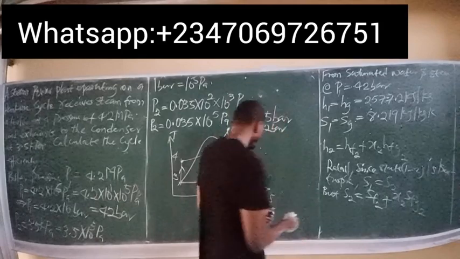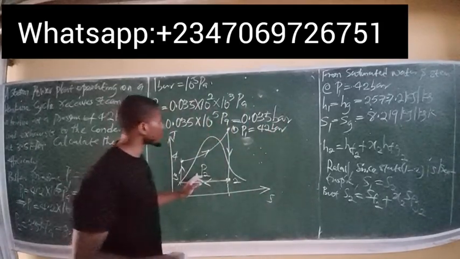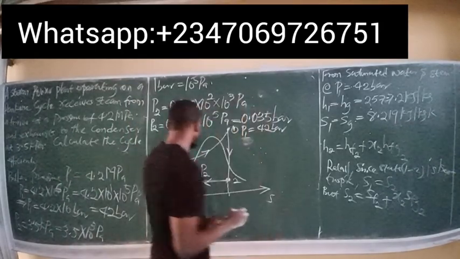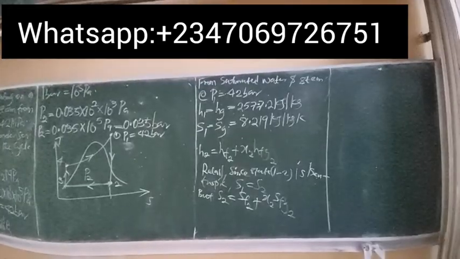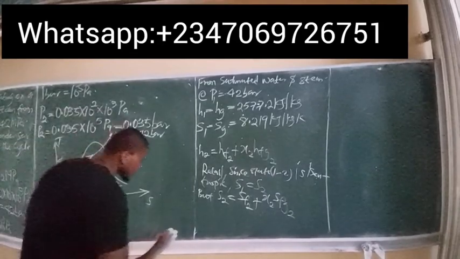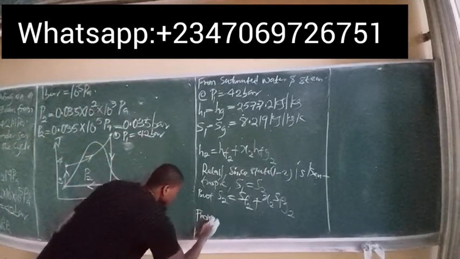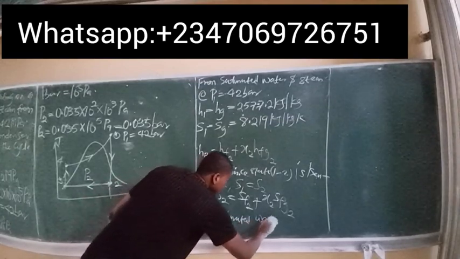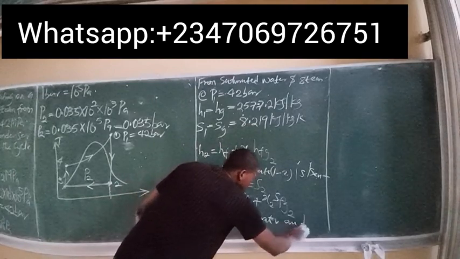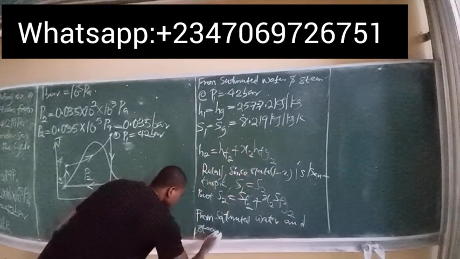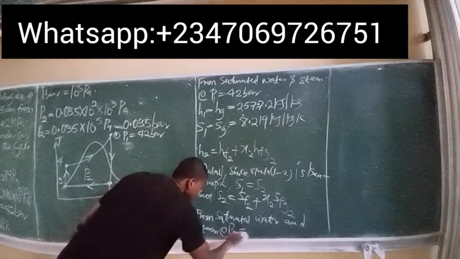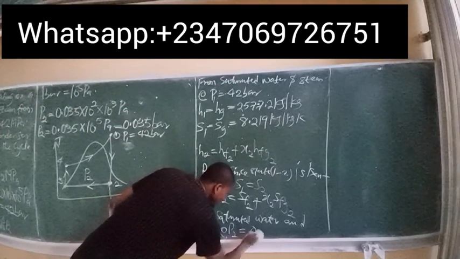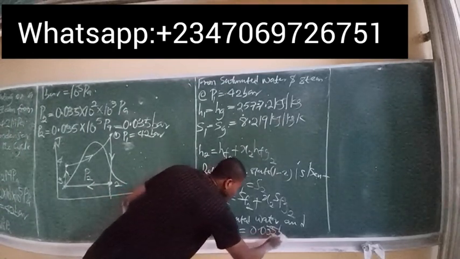So corresponding to the given pressure at state 2, the pressure at state 2 was given as 0.035 bar. So we now go to the saturated water and steam table. Alright, so from the saturated water and steam table, corresponding to P2, which is the condenser pressure given as 0.035 bar.